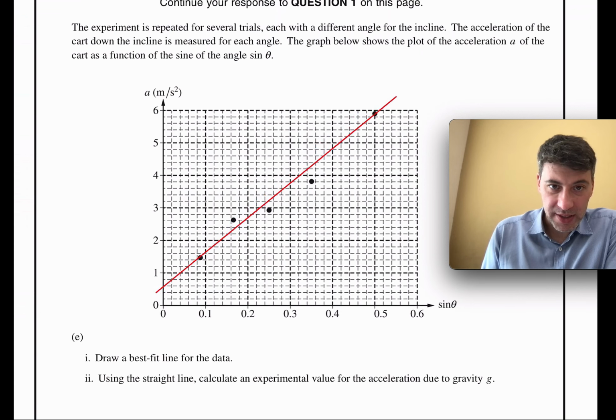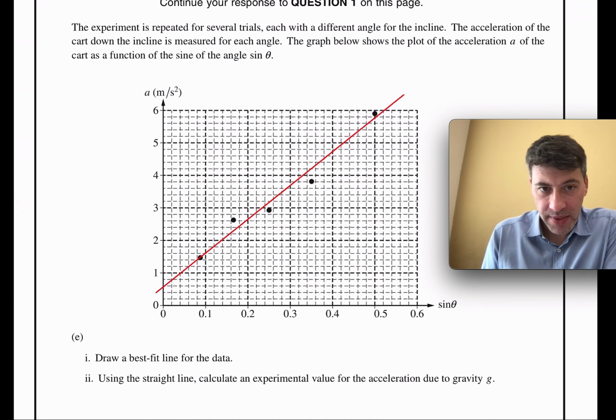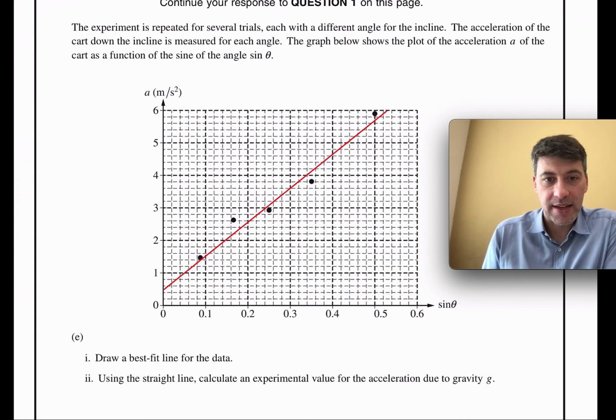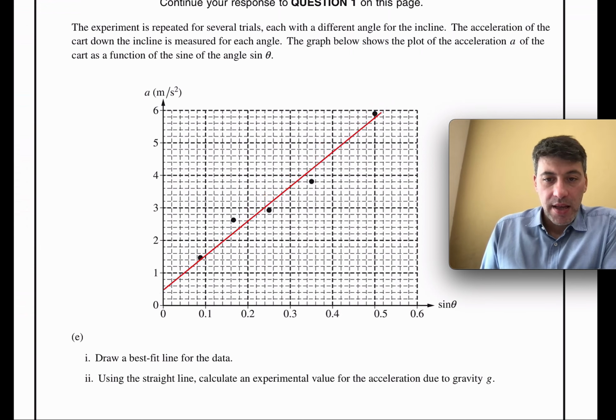I need to decrease the slope just a little bit. I think this is good enough. And now it's a little bit better if we use the whole graph, maybe increase the slope just a bit, and I'm happy with this. And from this, we need to determine a value for the acceleration of gravity.